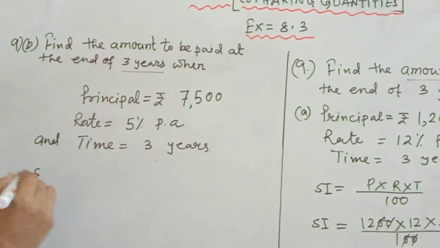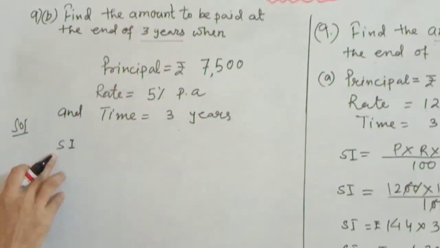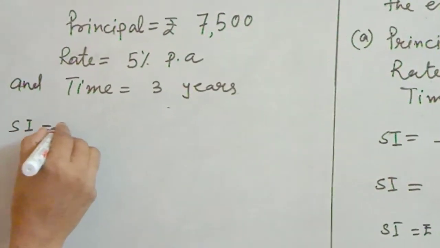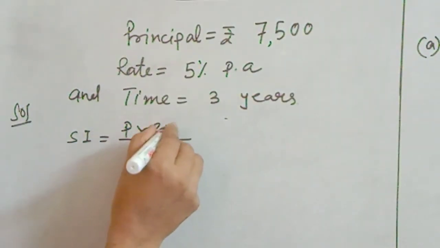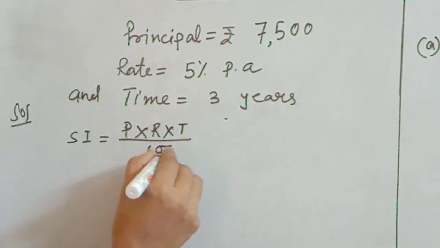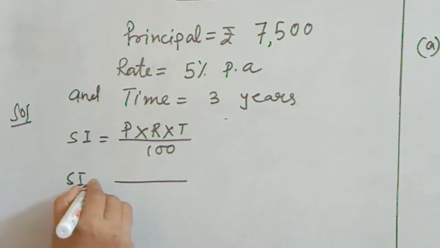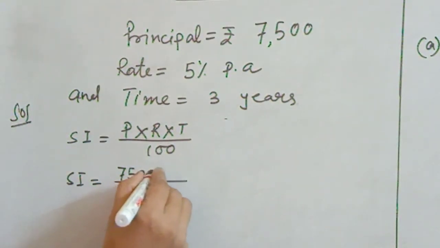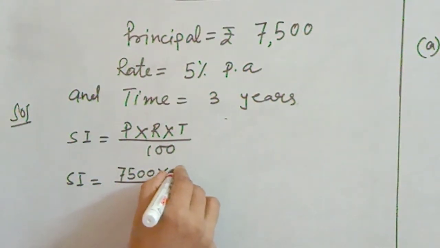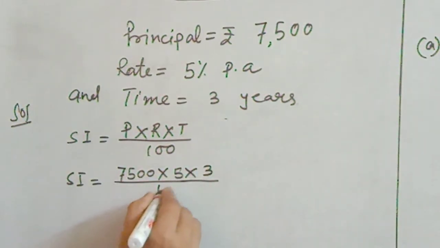Solution: simple interest, in short SI, is equal to, you have to write the formula first, P into R into T by 100. So SI equal to principal 7,500 into rate 5%, time 3 years, by 100.